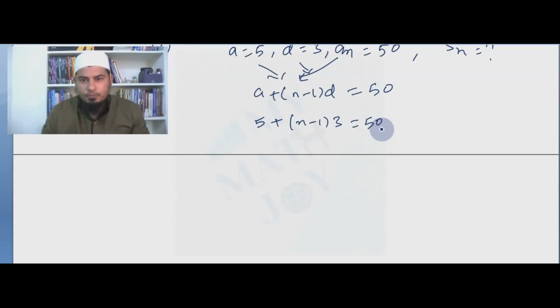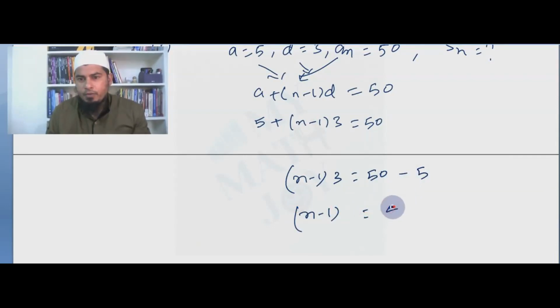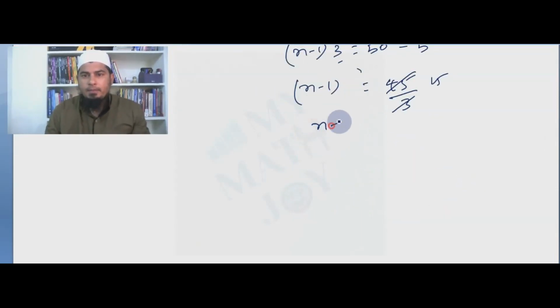So (N minus 1) times 3 is equal to 50 minus 5. Then N minus 1 times 3 is 45. This 3 is to be transposed down. If I cancel, I get 15, and N minus 1 is 15, so N is 15 plus 1, 16. I got the N value, 16.